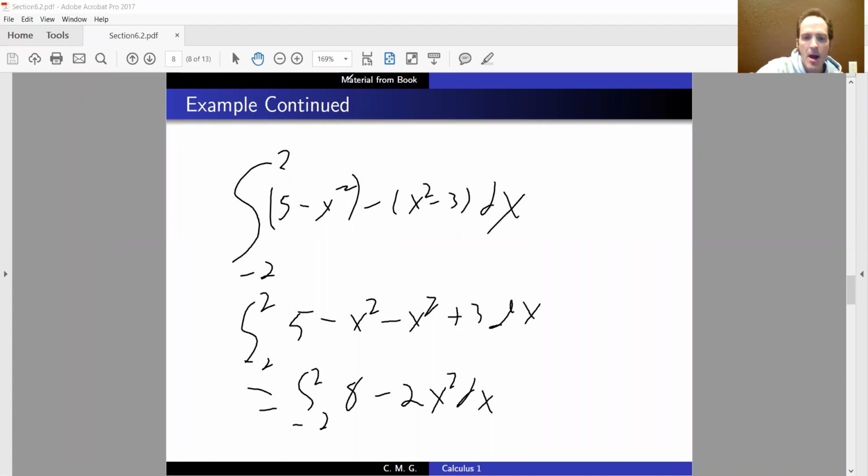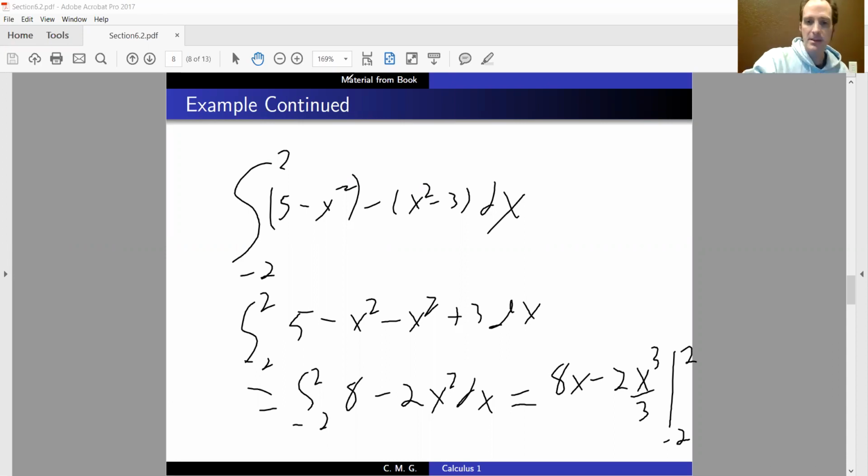And I'm going to integrate this. That's not too bad. So the antiderivative of 8 is 8x. The antiderivative of x squared is x cubed over 3. I'm going to evaluate that between -2 and 2. So when I put this vertical bar with a -2 on the bottom and a 2 on the top, what that means is I plug 2 into the equation, and I get what I get.